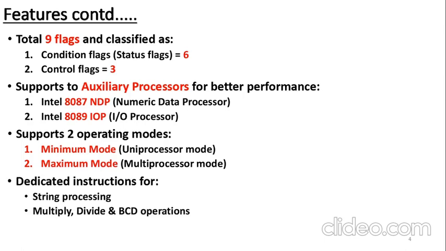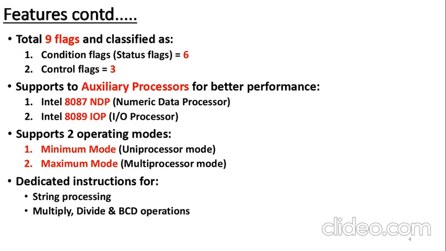Then next, this processor contains dedicated instructions for processing of strings, instructions which were otherwise not available in earlier processors, for performing multiplication, for performing division, or for performing BCD operations, especially unpacked and packed BCD operations. These are some of the dedicated instructions available.